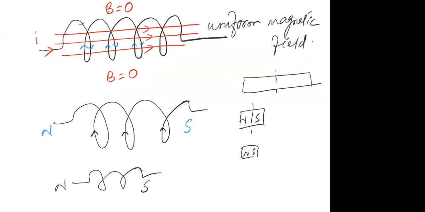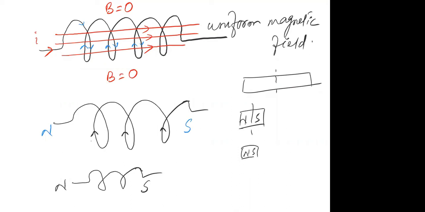Now I will repeat the whole thing, whatever I have said till now. First, a copper wire wound in helical shape forms a solenoid, and we will be discussing the long solenoid. A long solenoid is a solenoid whose radius can be neglected in comparison to its length.